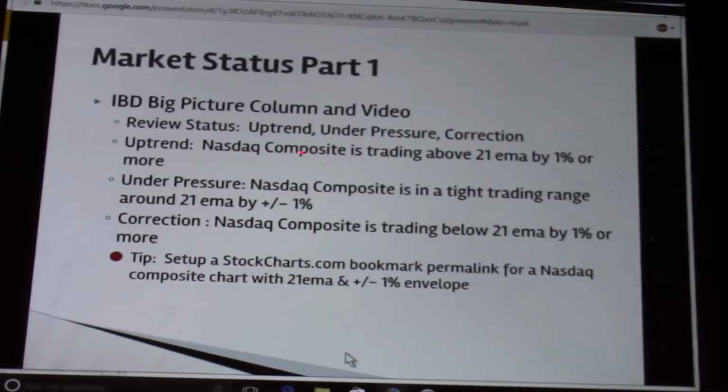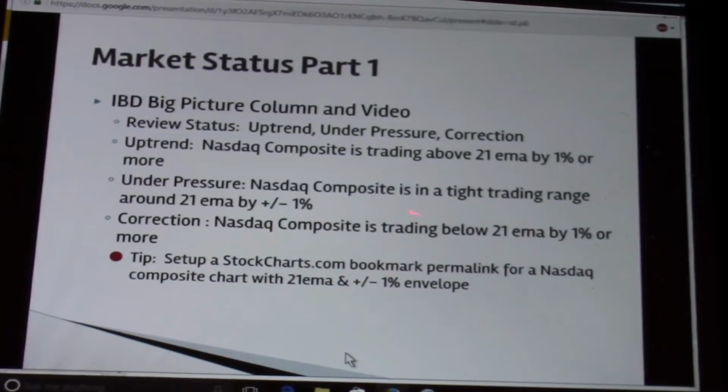If we're in an uptrend, the composite is going to be above the 21-day moving average by more than 1%. When the market's under pressure, it's in a very tight trading range, basically oscillating plus or minus 2% around that moving average. When we're in a correction, it's below the 1% envelope around the 21-day moving average.